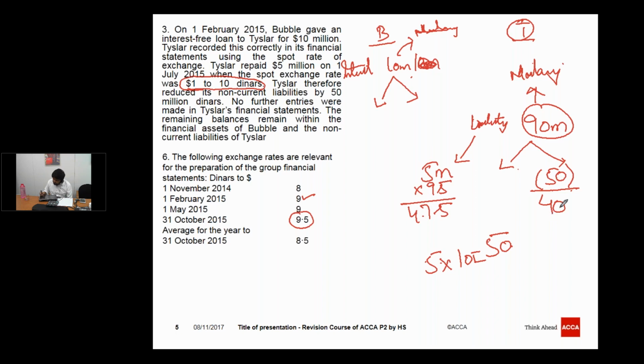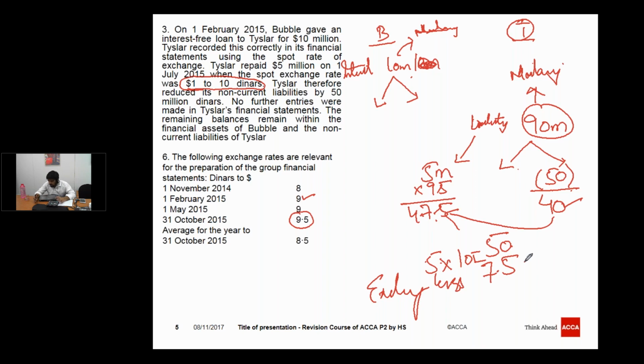So in the books, our liability is 40 million, but when we retranslate the monetary items at the closing rate, the revised liability is 47.5. So there is an exchange loss of 7.5. This is the exchange loss of 7.5 due to the retranslation of monetary items in the books of the subsidiary company.